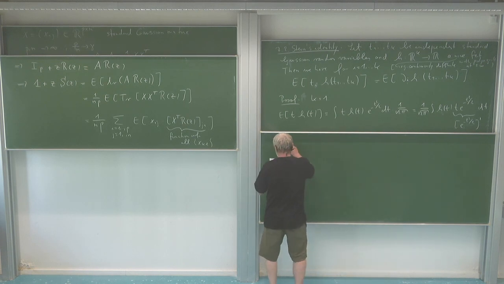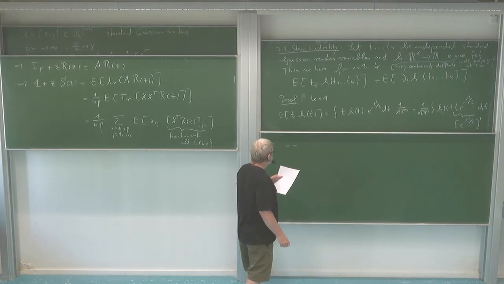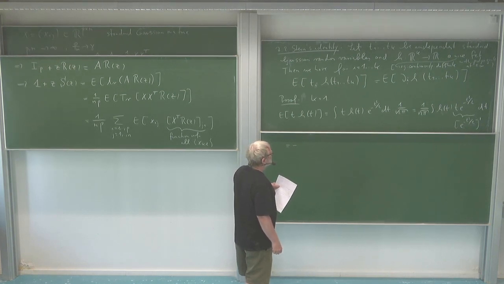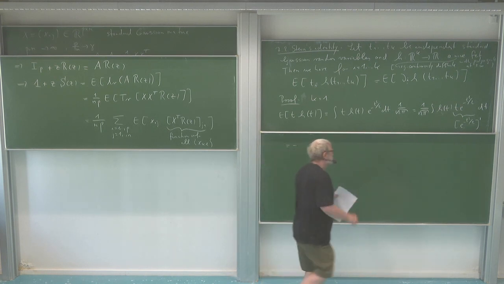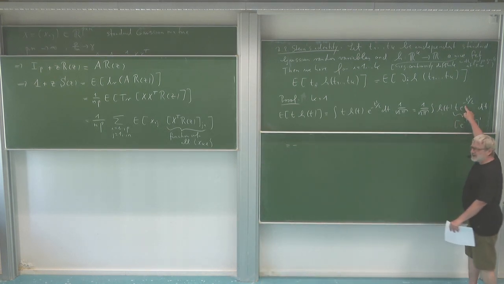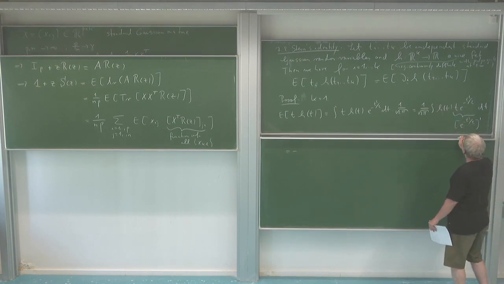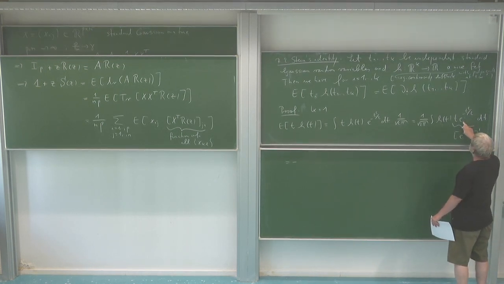Okay, so this here is the same. With partial integration, I get a minus sign. Of course, I also get a minus sign from here, because I don't want a minus sign in my statement. So this here actually is minus this.